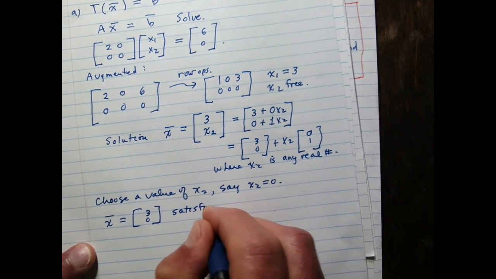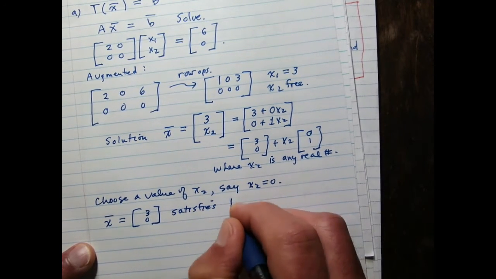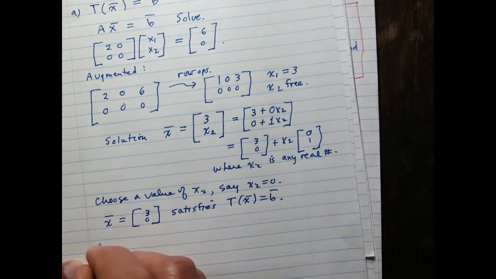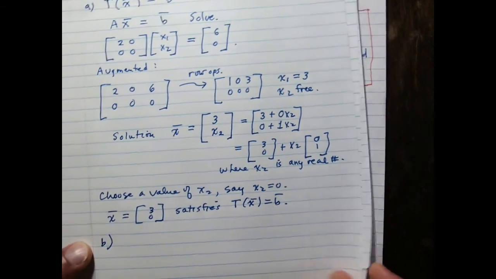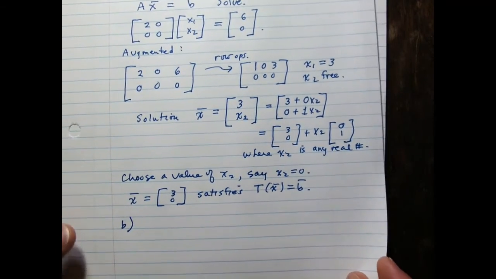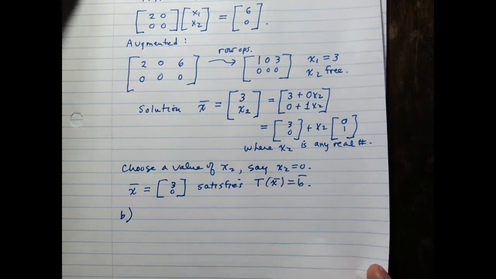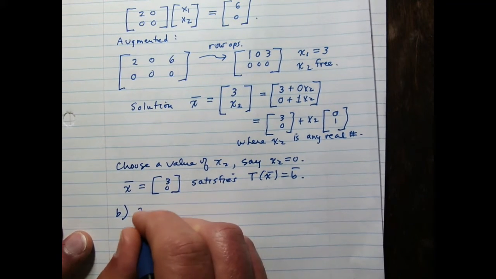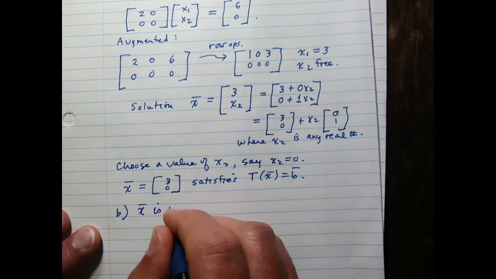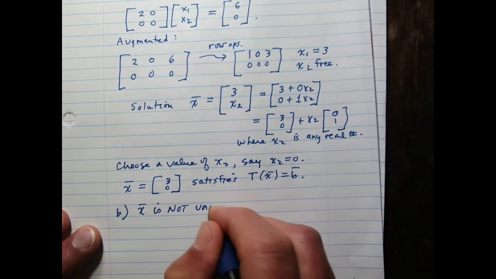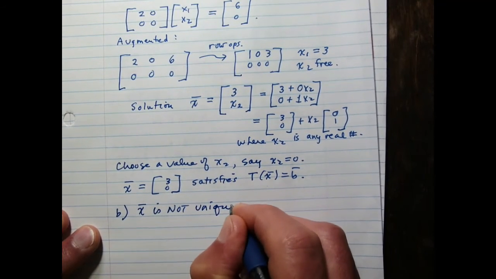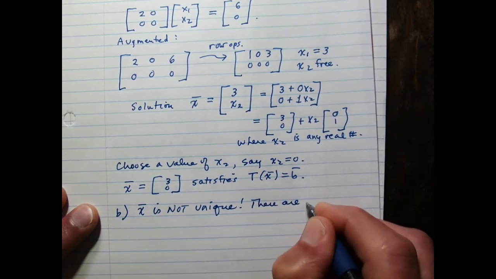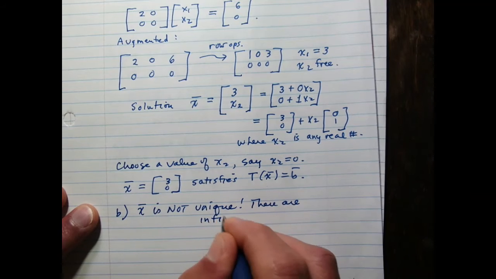That satisfies T of x equals b. So that's the answer to A. There are infinitely many possible ways you could answer that. You could use any value of x2 to get one particular solution. x is not unique. There are infinitely many solutions.